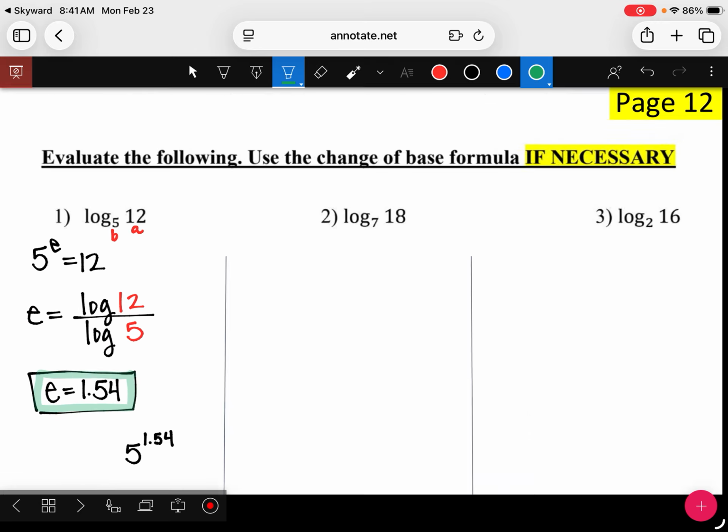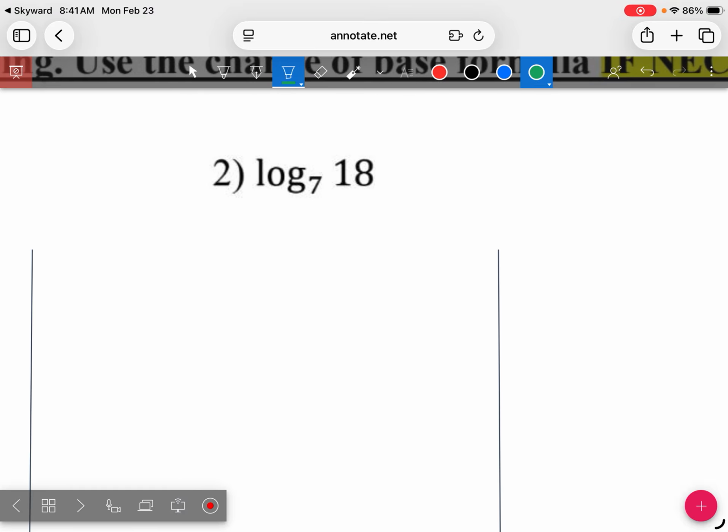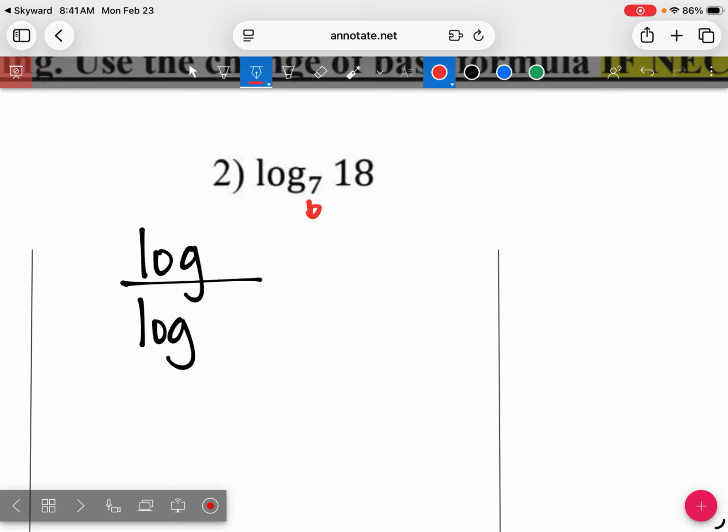All right, let's look at number 2. So it's asking 7 to the what power is 18. We've got to do a change of base. Put a log in the front, at the top, put a log at the bottom. The base is 7. The answer is 18. Go ahead and type that in.